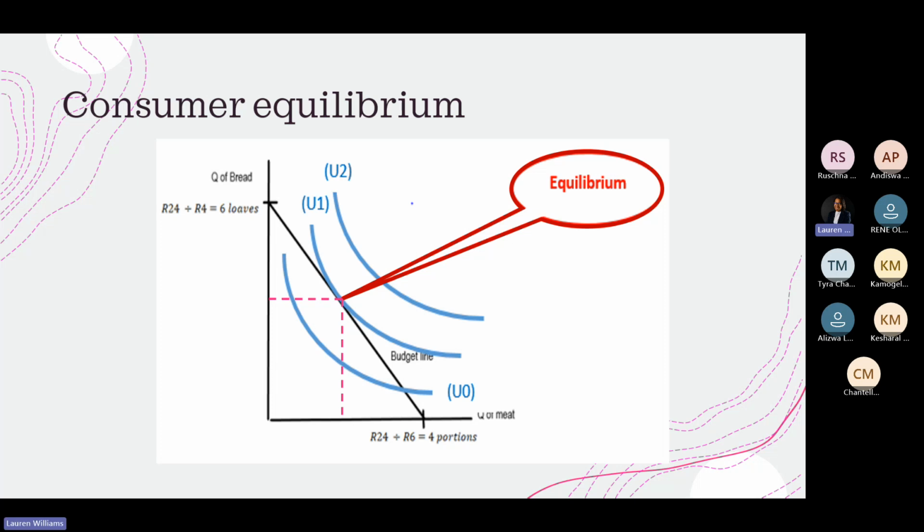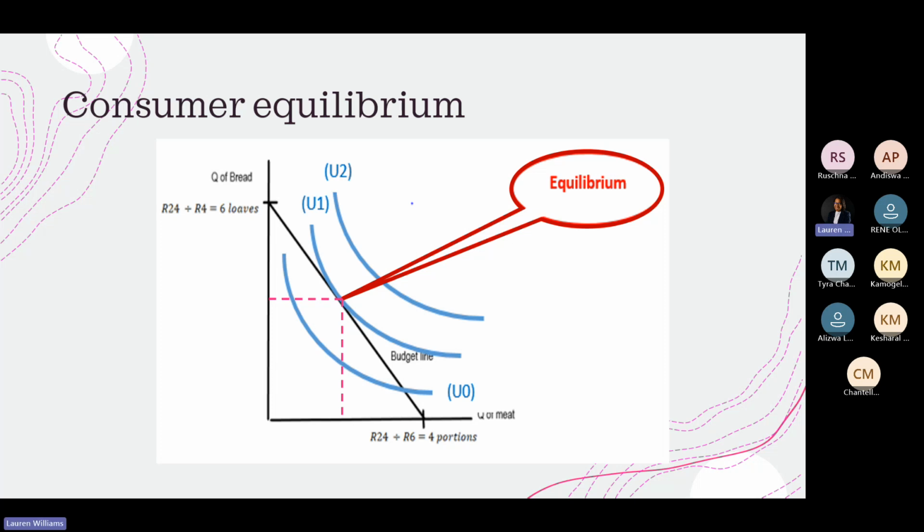There will always be a utility curve to match your budget line. So you are maximizing your level of satisfaction based on your budget. So you do not need to draw the multiple utility curves. We are aware that you have multiple. So you don't need to worry about drawing U0 or U2 when you're constructing consumer equilibrium.